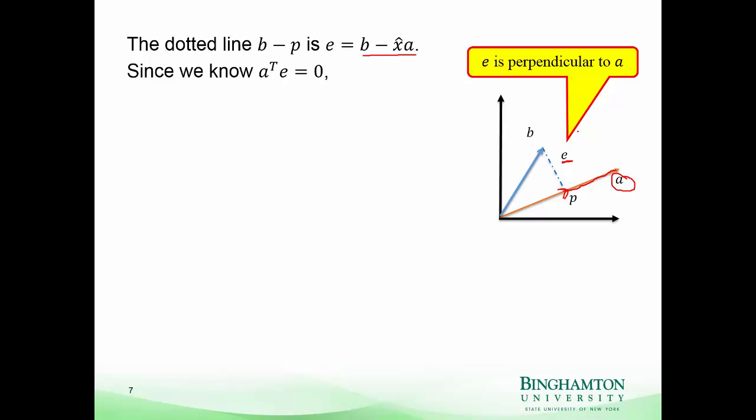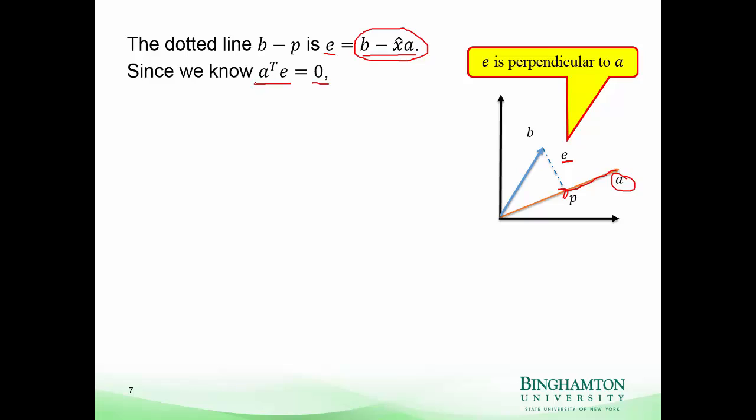So we know that E is perpendicular to A. So we can take the inner product between A and E, and we know that it must be equal to 0. We know that because the error vector must be perpendicular to A to give us the closest spot. Okay, so that's what we've got to work with, and we can write E in terms of two things that we know and one thing that we don't know.